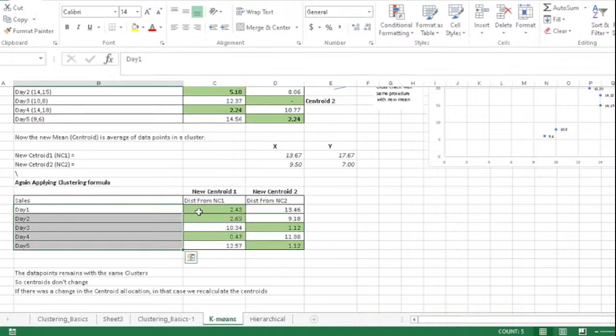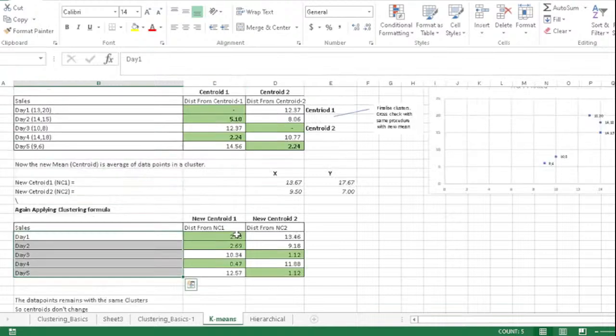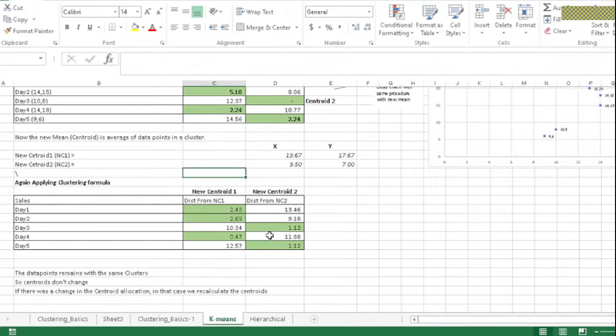Again I pick the shortest distance and club each point with that cluster. And as I said, since there is no change in clusters, my algorithm terminates.